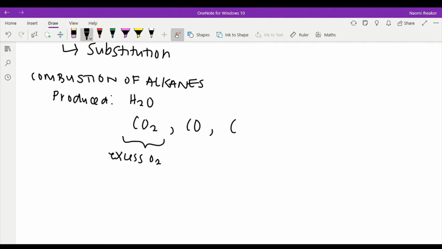Where we have limited oxygen, we're going to have carbon monoxide produced. And if we have no oxygen, we're going to have just carbon produced. And that's pretty much all we need to know for our combustion of alkanes.